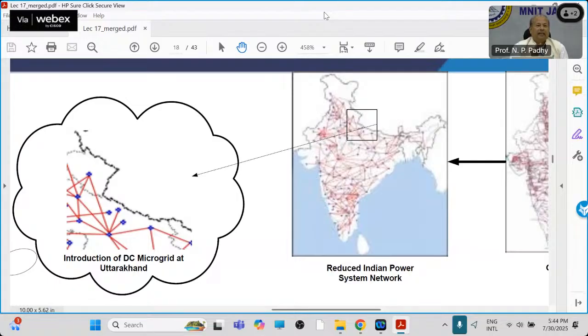There, the introduction of DC microgrid at Uttarakhand. Very different dream, no? I enjoy it when you cannot sleep if you start dreaming like this. So this is what we connected, a microgrid in the Uttarakhand substation of 400 kV, and then we want to say what is going to happen.